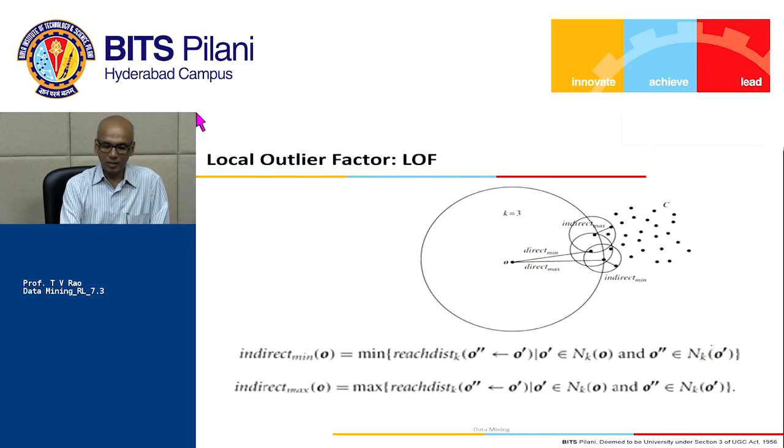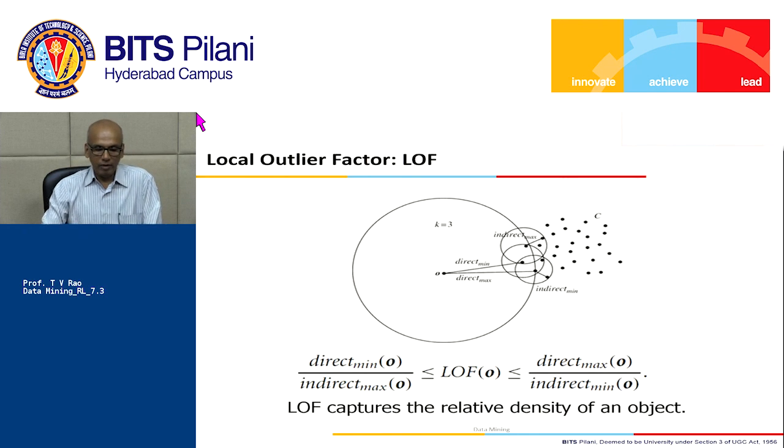Then we are again looking at the minimum and maximum reachability distance. Then we get this relationship saying that the local outlier factor lies within these ratios. One is the direct minimum by indirect maximum, and the other is the direct maximum by indirect minimum.